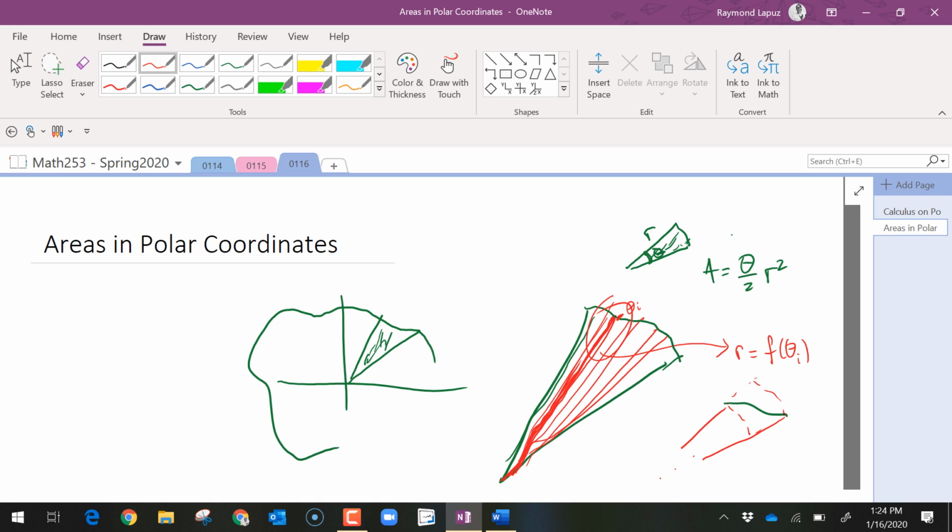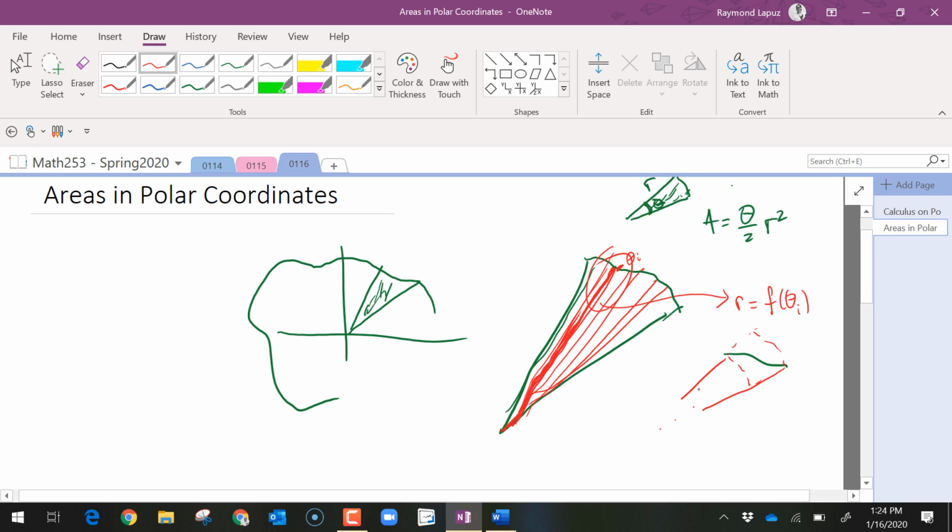Okay, so that's the radial distance. What's theta going to be? What is this angle? Well, we don't know. It depends on how many cuts we make. What should this be?